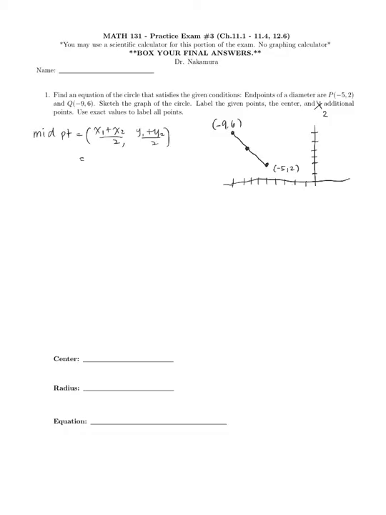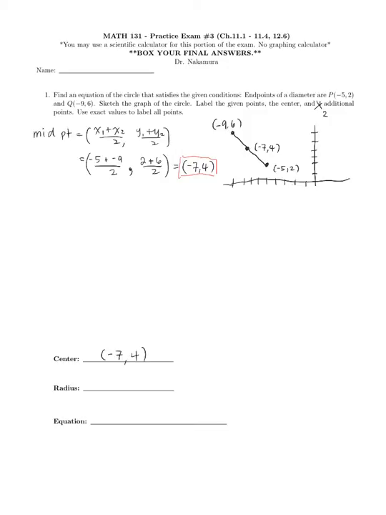So looks like this is going to be negative 5 plus negative 9 over 2, so that's going to be the x coordinate of the midpoint, and then 2 plus 6 whole thing over 2, and that's going to be the y coordinate of the midpoint, which is going to be the center. So it looks like we're going to have negative 7, 4 as a center. Let me box that. So here what we're going to get is negative 7, 4. Okay, so let me just write it in the answer box.